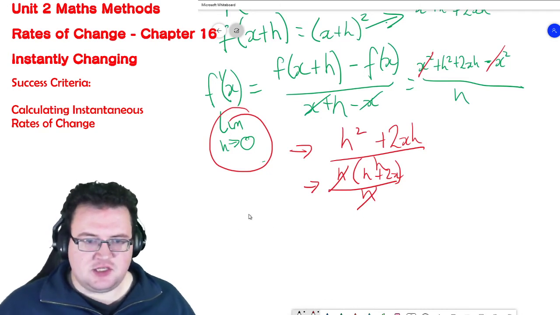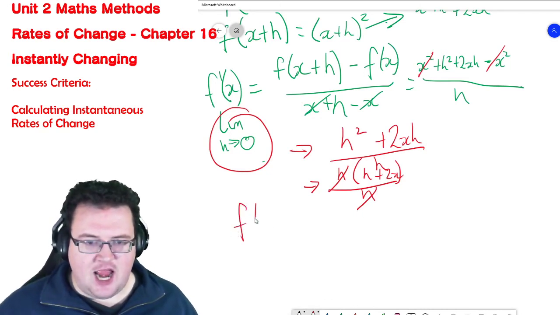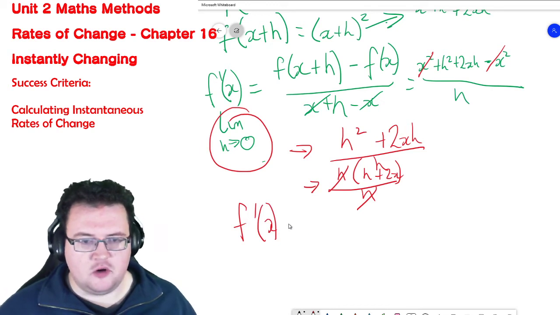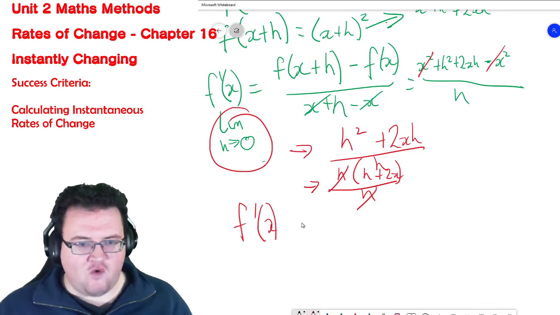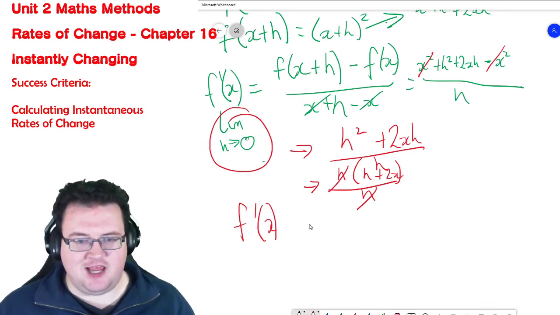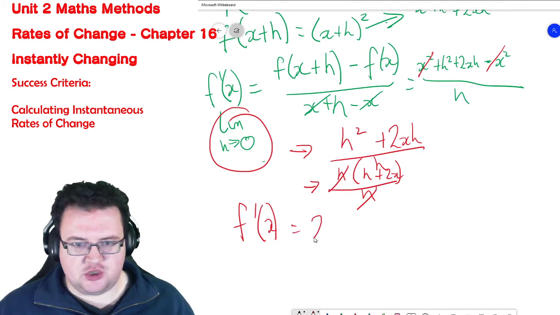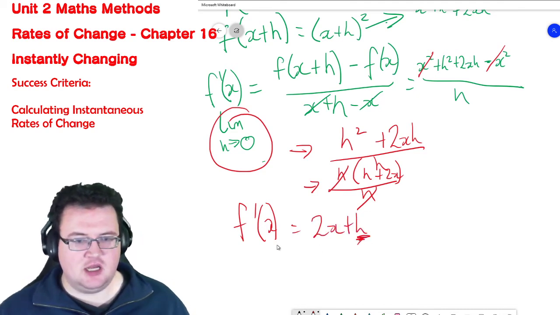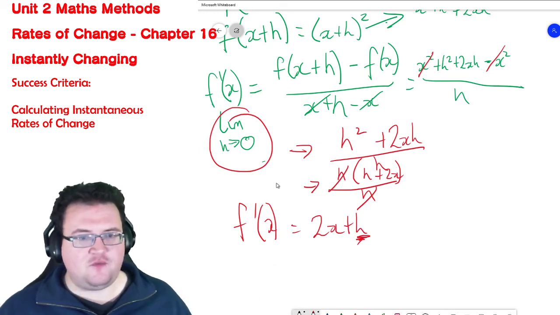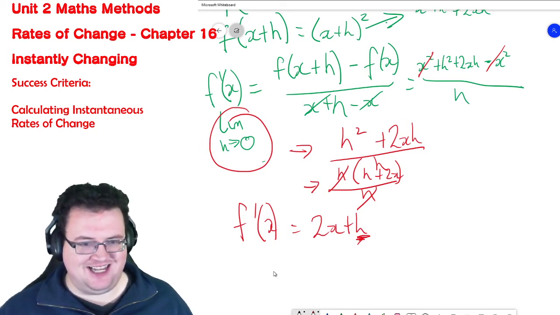That means that at any point on my curve, the gradient at that point is going to be equal to 2x plus h, where h is the gap between the 2 points. But what if there is no gap? What if we say that the limit is 0?